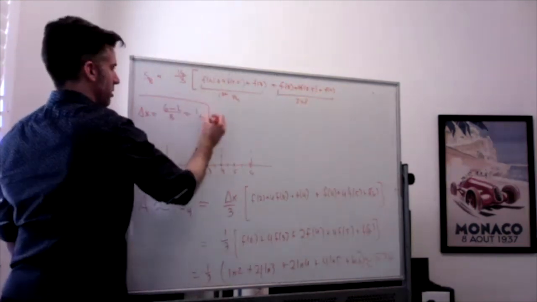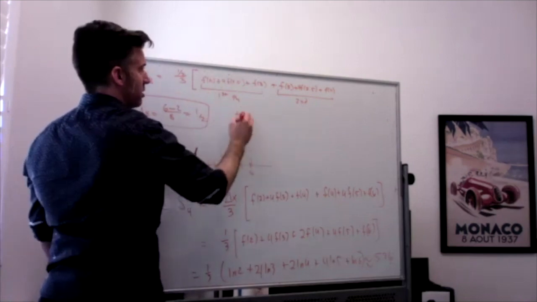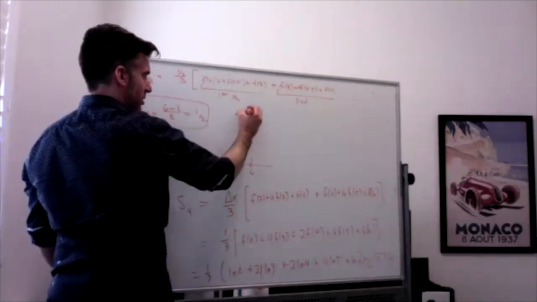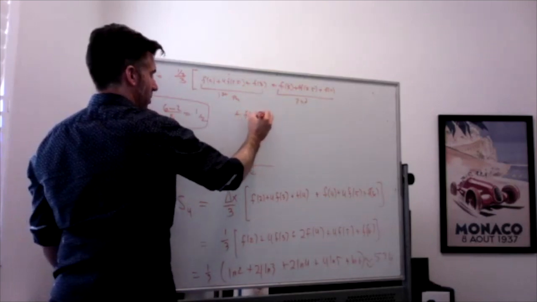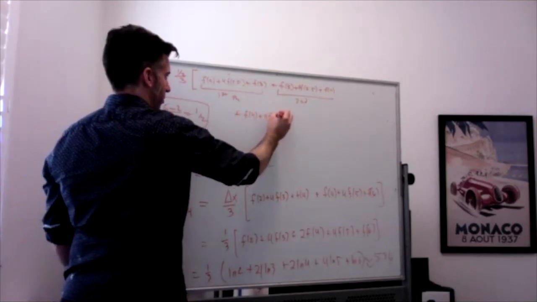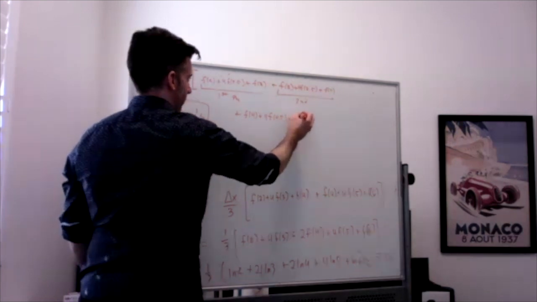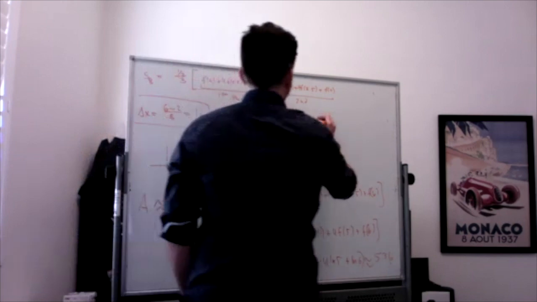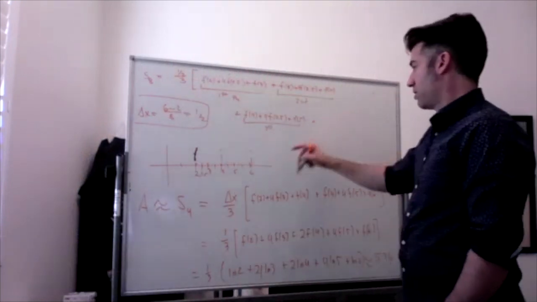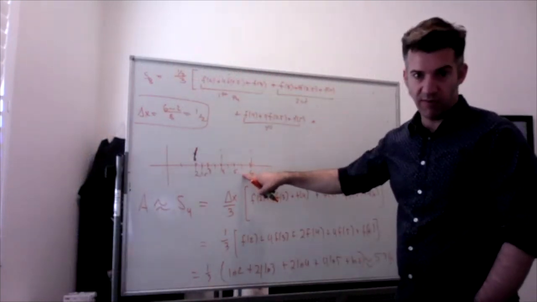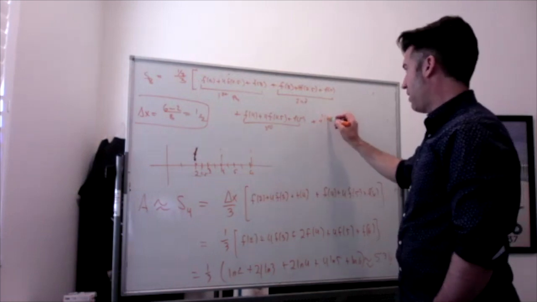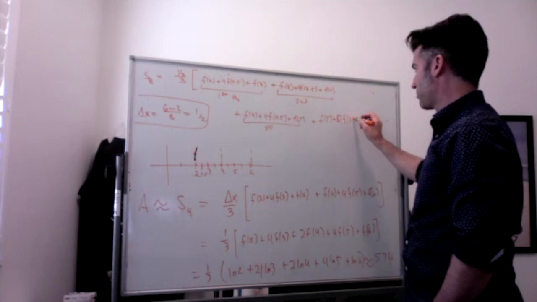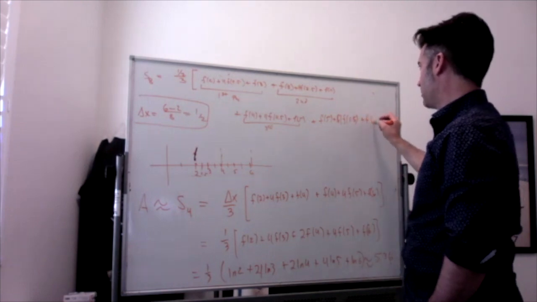For our third one, 4, 4.5, and 5, it'd be f of 4 plus 4 f of 4.5 plus f of 5. That's our third parabola. Finally, we'd have f of 5 plus 4 times f of 5.5 plus f of 6.